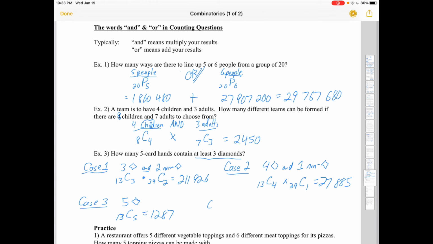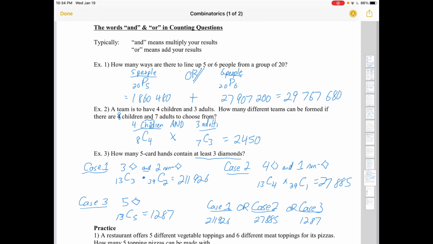Now, here's the thing. You might have case 1, 3 diamonds, or case 2, or case 3. So you might have 3 diamonds, 4 diamonds, or 5 diamonds, and each of those has a corresponding number of ways it can happen. But you can't have both case 1 and case 2 at the same time.